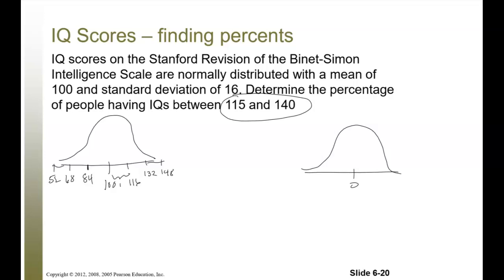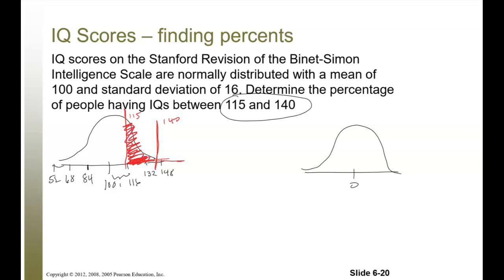Well, in my unstandardized curve, 115 is just shy of 1 standard deviation. And 140 is between my second and third standard deviation. So I want all of the area between those two.